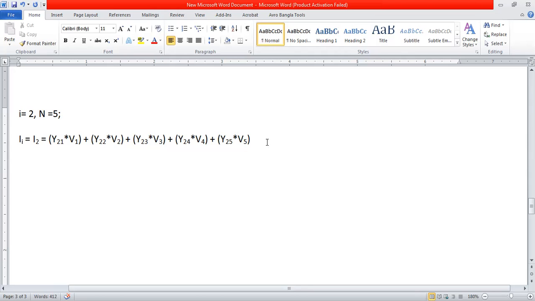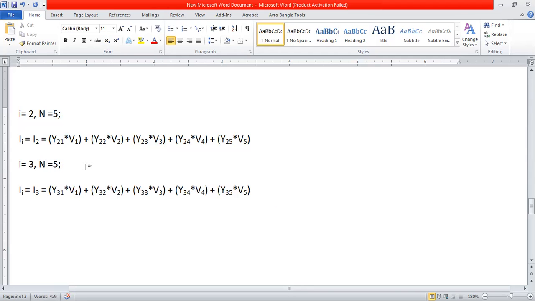If we use this equation for bus 3, that is I is now 3 and the total number of buses is 5, then this 2 should be 3 and the equation will change: Y31 into V1, Y32 into V2, Y33 into V3, Y34 into V4, and Y35 into V5.